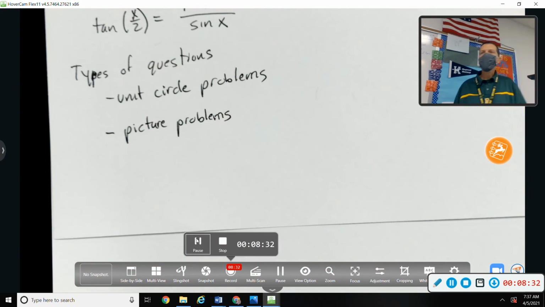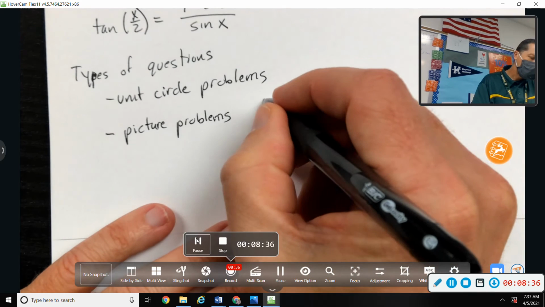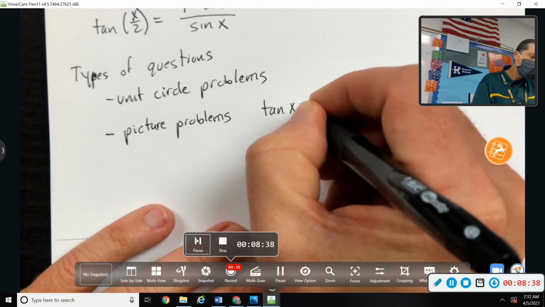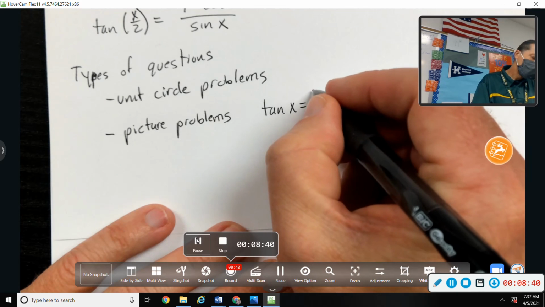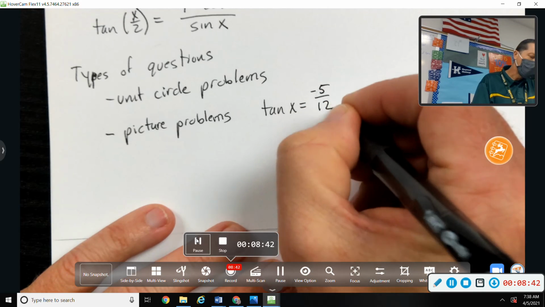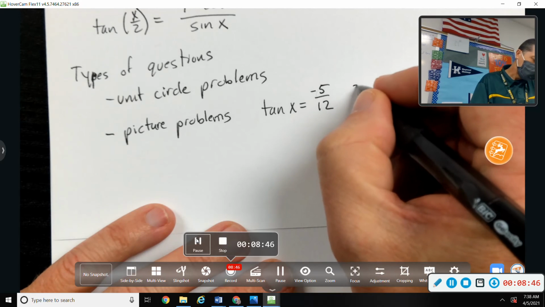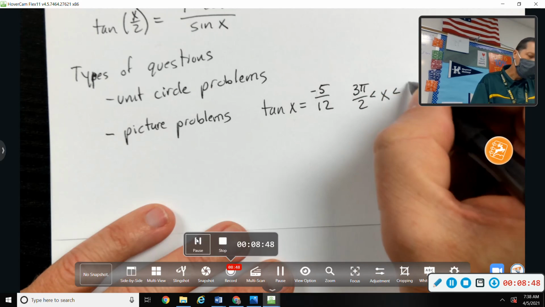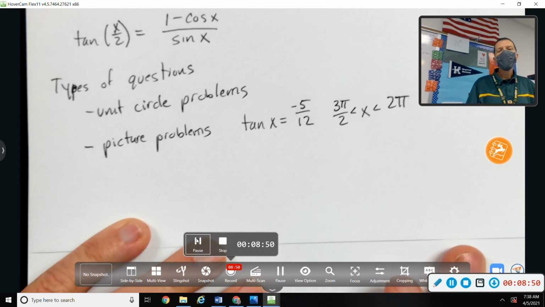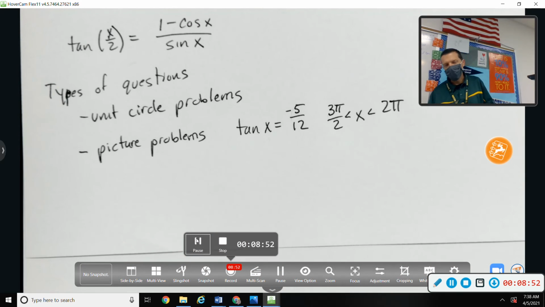And then there were picture problems. Those would be ones like tangent of x equals negative 5/12 and x is between 3 pi over 2 and 2 pi. So you would draw the picture and then answer whatever question was asked of it.